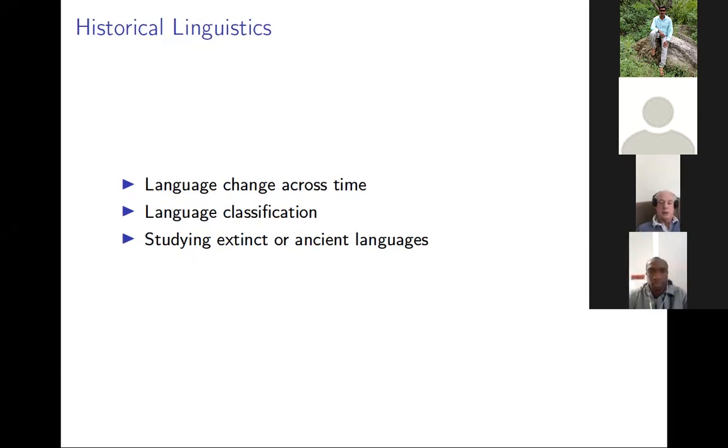So they were interested in understanding language classification. Are these languages related to Indo-European languages, or do they form a different language family? What are the relationships between these different language families, and what happened to a particular language family which was spoken sometime in the past, but probably went extinct? These are the kind of questions that historical linguists engage with.